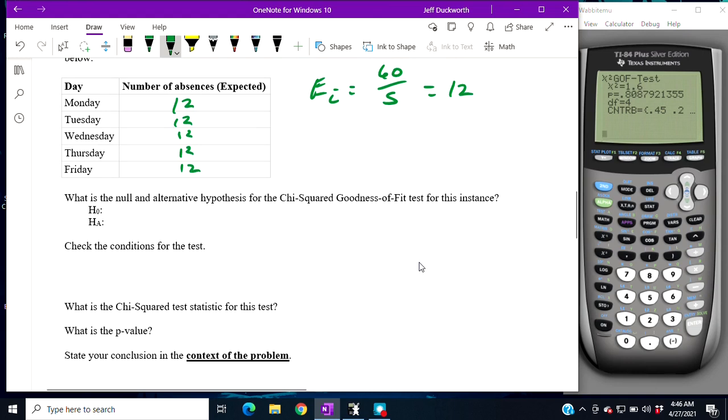So our null is the same thing: P1 equals P2 equals P3 and so forth. If you also want, that's 1/5, 20% each. And the alternative is that they're not all the same.